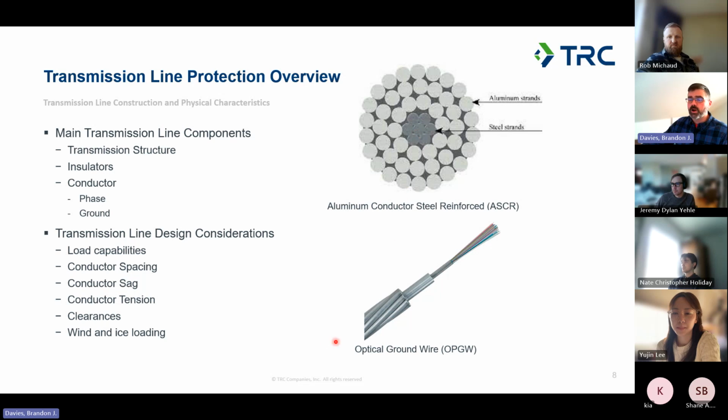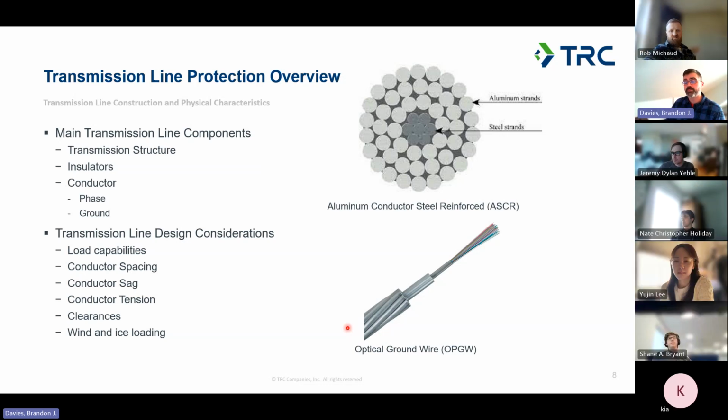Another one that we see very often on new transmission lines is an optical ground wire. So I mentioned you'd have that ground conductor that would provide a path for ground fault currents and ground reference for the line. Generally, when those are put in these days, they're installed with fiber optics within the conductor to allow data transfer from one station to another, either for protection means or for SCADA systems.